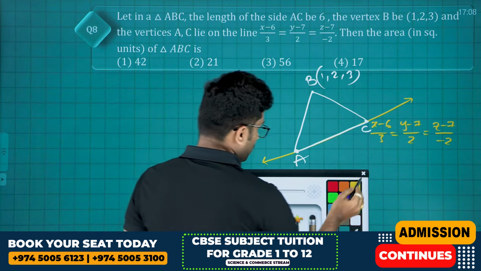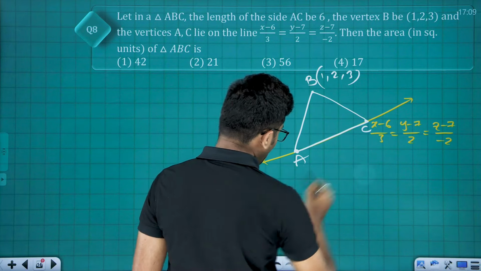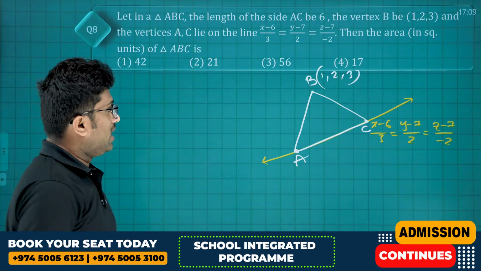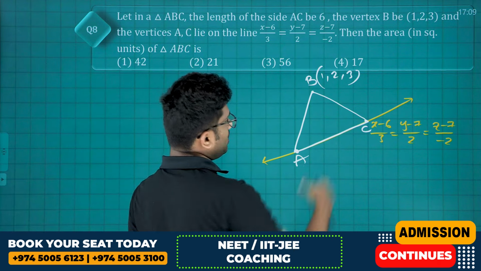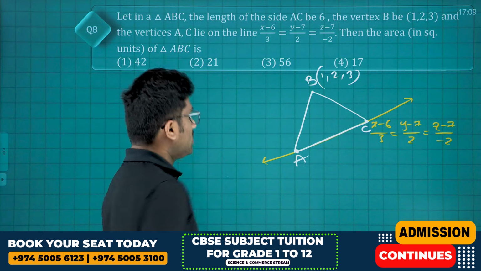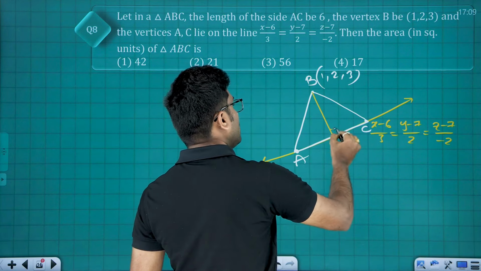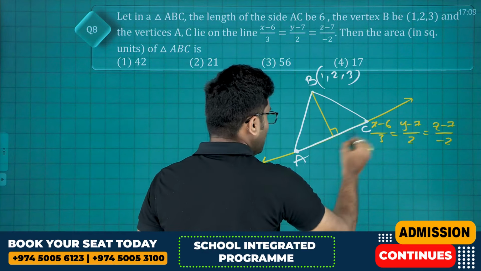Now what are they asking us to find? Area of triangle ABC. Area of triangle ABC is half into base into height. Half into base, which is AC, and AC you already know, which is equal to 6. You should know the height. For that height, you draw a perpendicular from B to AC.